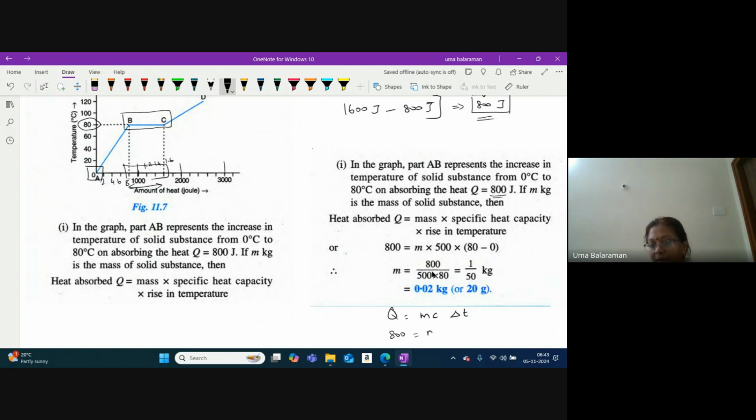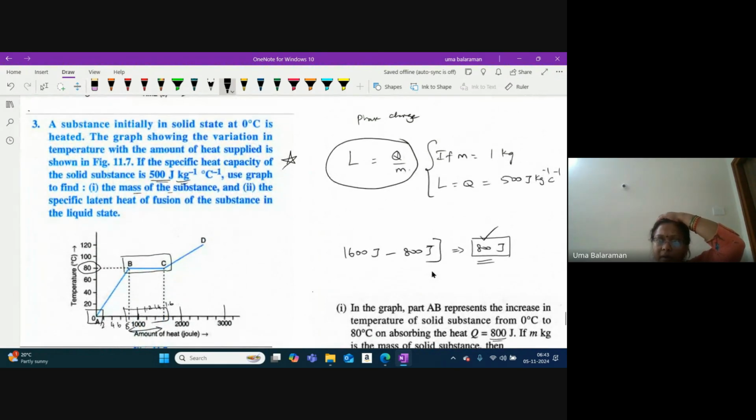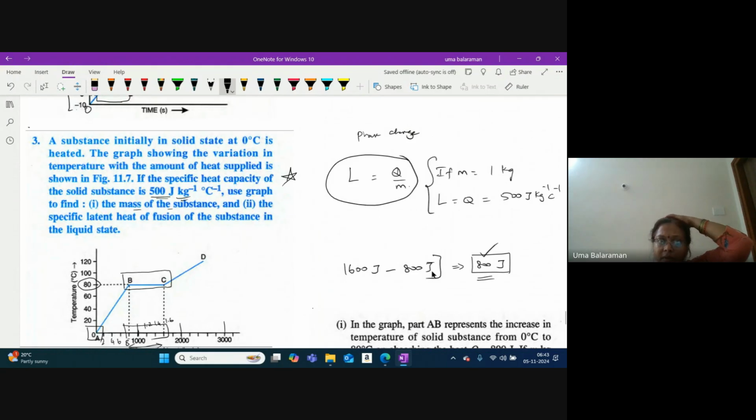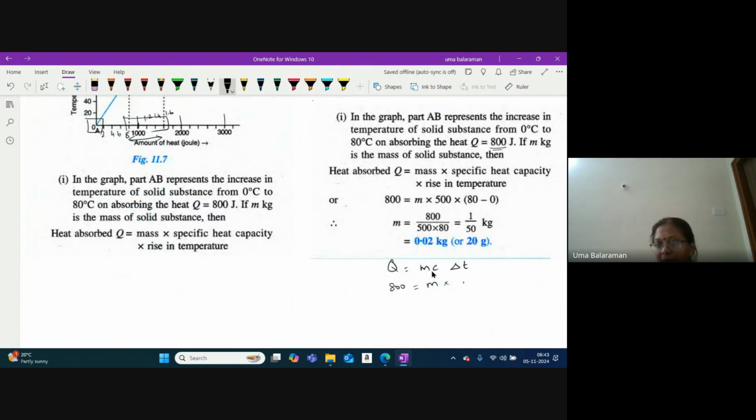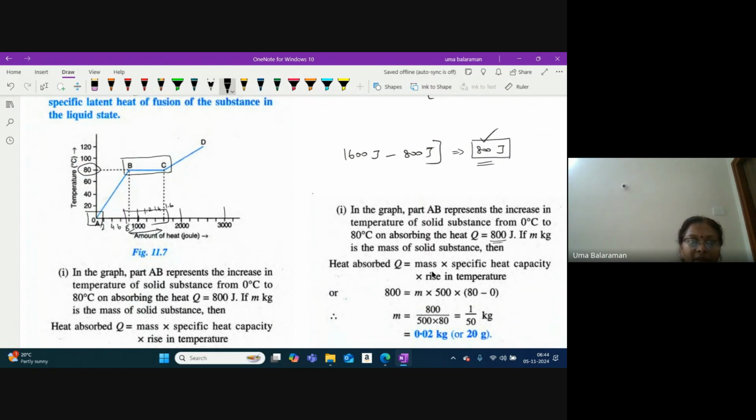That is equal to, we have to calculate mass and specific heat capacity is 500 joules, which is C. So C is 500 and delta T is 80 minus 0. Why 80 minus 0? Look at the temperature change.